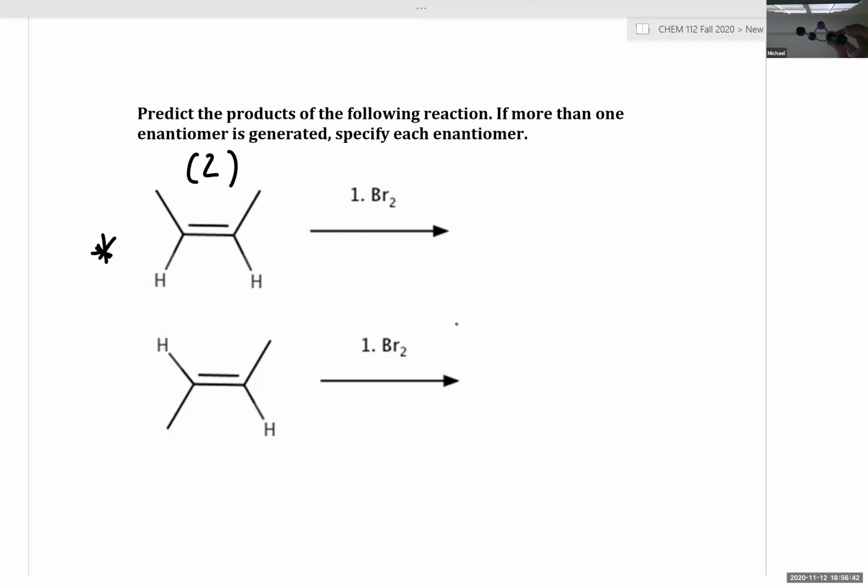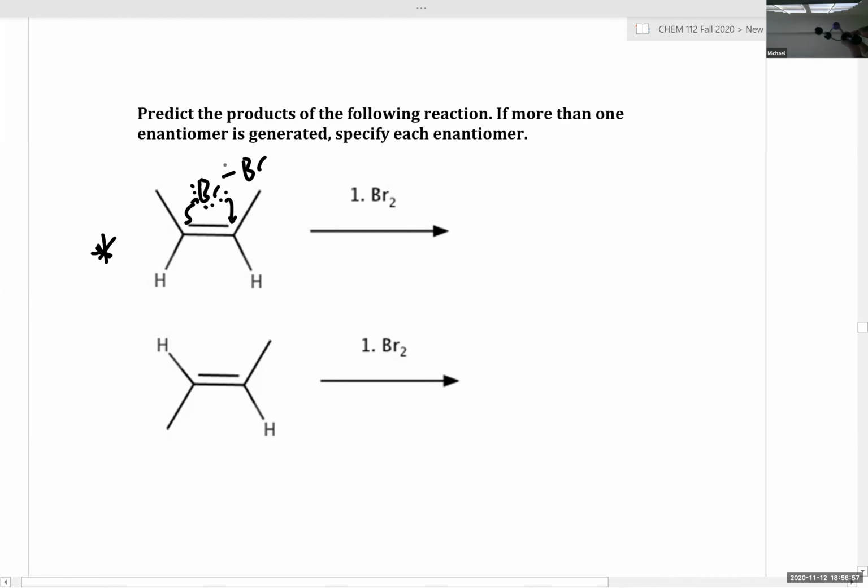Okay, so we're just going to draw what we see. So in this first approach, when we make our first bromonium ion, our alkene attacks and is attacked, and we kick out our electron density back to our other bromine atom. That in turn generates the following bromonium ion. And now what we're going to do is draw what we see.